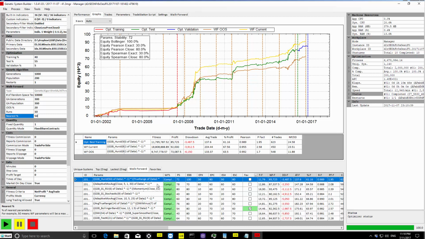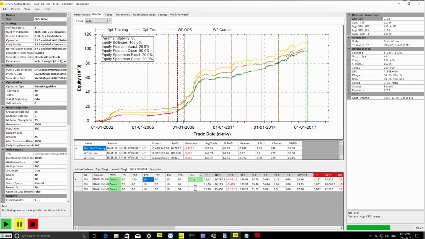So if you had a moving average from 10 to 200, it might optimize from 10 to 200 rather than 10 to 30 if 20 was the middle value. I don't use that very often, but it's an advanced option that you may or may not choose to use. I don't think there's a great need to use it.